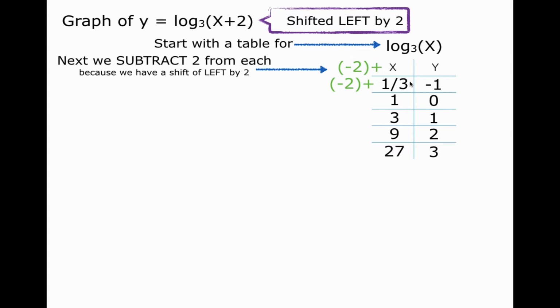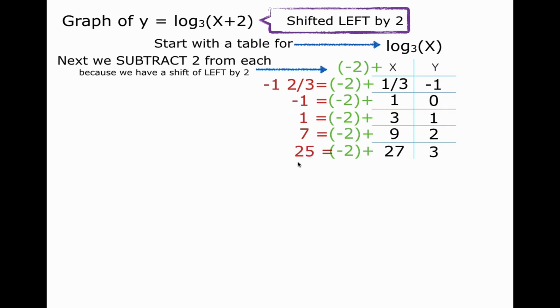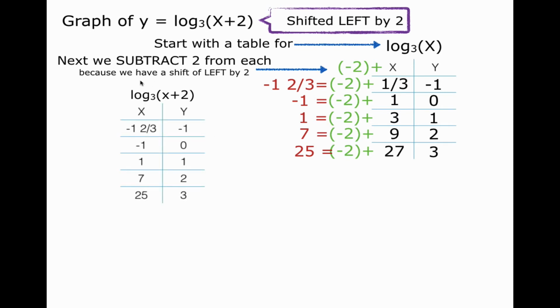Instead of subtracting 2, I could just add negative 2. And so my new values are going to be negative 1 2/3, negative 1, 1, 7, 25. And notice these numbers get big really quick, so we can't necessarily graph all these, but it's good to check out what happens. And nothing's happening to our y values because we have nothing going on outside of our parentheses here. So our new table for this graph, log base 3 of x plus 2, are these values.